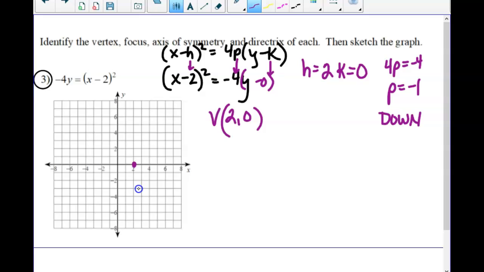Where's the focus? You said it's going to open down, so the focus is 1 point down. There's a fancy formula, but if you know the p-value, it's just 1 down that way. And the directrix would be 1 unit up, but it's a line. You can use the fancy formulas off the sheet.